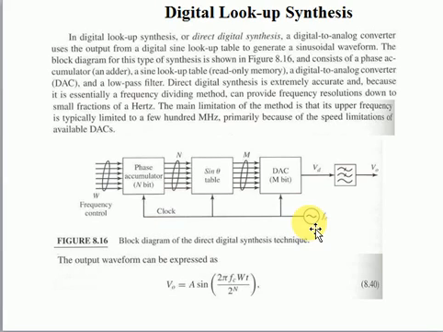If the frequency control word is increased to a value W greater than 1, then the phase accumulator output will increment by W at each clock cycle, and every Wth value from the sine table will be sent to the DAC.